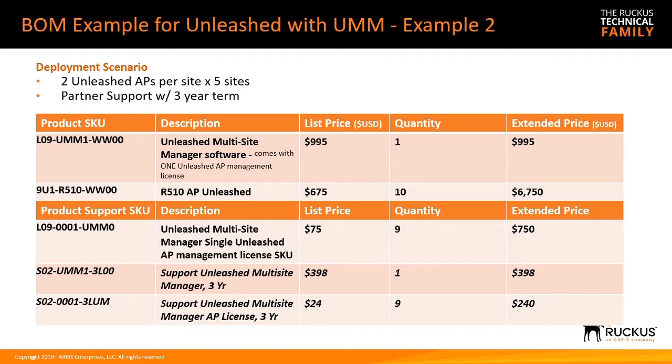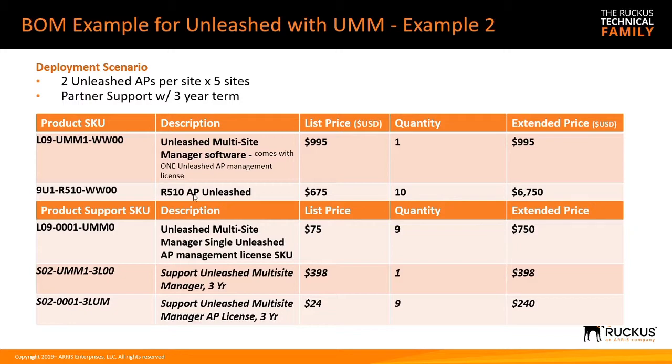Then we are buying 9 of the AP licenses for multi-site manager because it comes with 1 included. So 9 of those, then the support on the multi-site manager itself for 3 years, so quantity 1 of those, and then quantity 9 of the support for the multi-site manager AP license for 3 years.